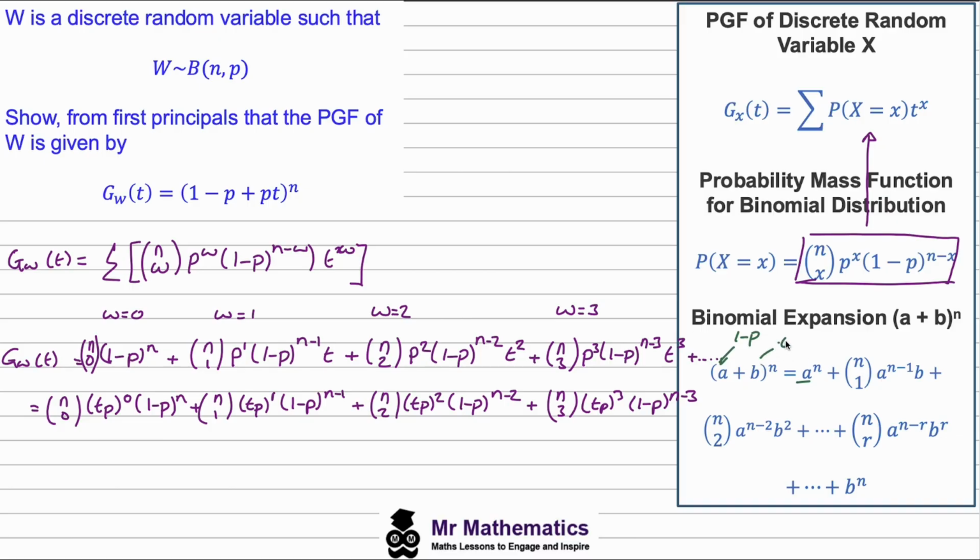So b would be tp, and a would be 1 minus p. So we can simplify our summation. So the generating function for w in terms of t would be 1 minus p plus tp, to the power of n. And that is what we have here.